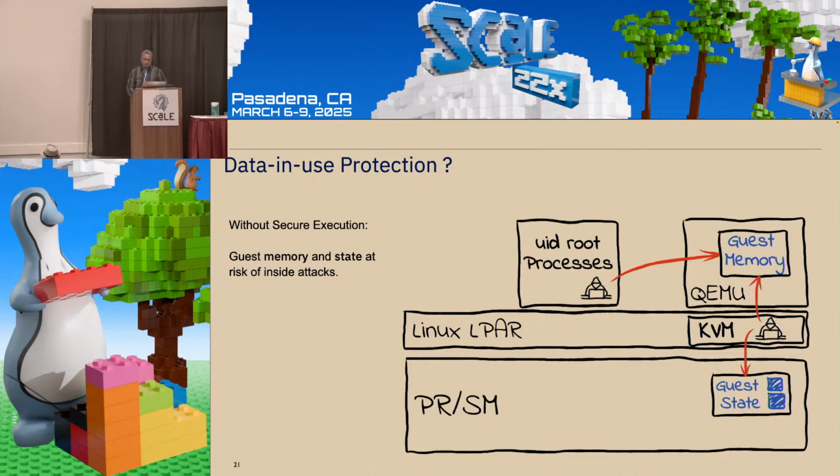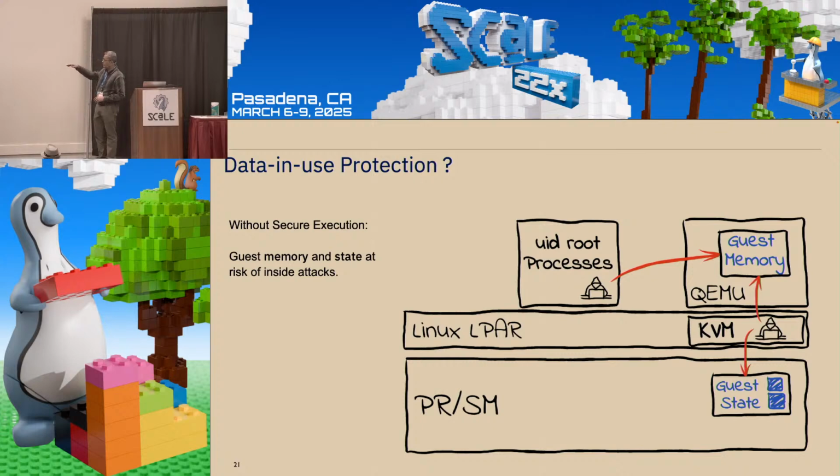So how do we look at it? Say, for example, in this scenario we have a hardware layer with the guest state, and whoever has hardware operational access can take a snapshot of the guest state of the KVM, which is running the Linux LPAR.